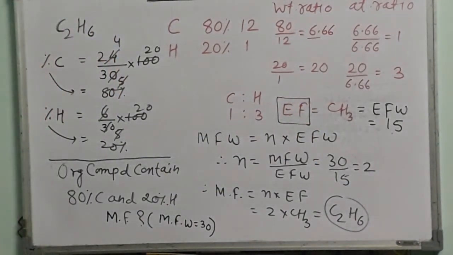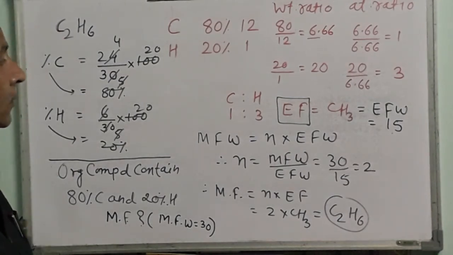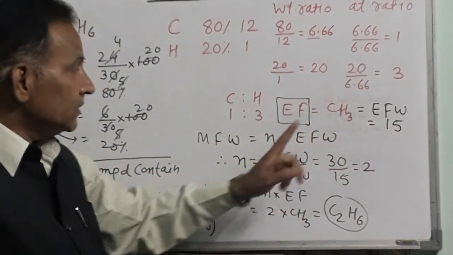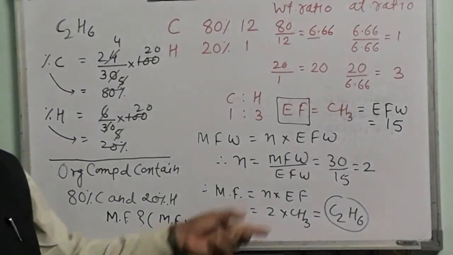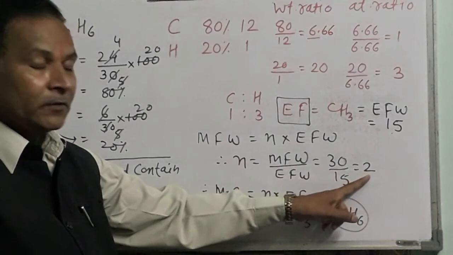So here by our routine method we have calculated the empirical formula to be CH3 and its empirical formula weight as 15, and from this 15 and 30, using the formula, we can calculate the value of n. It comes out to be 2.